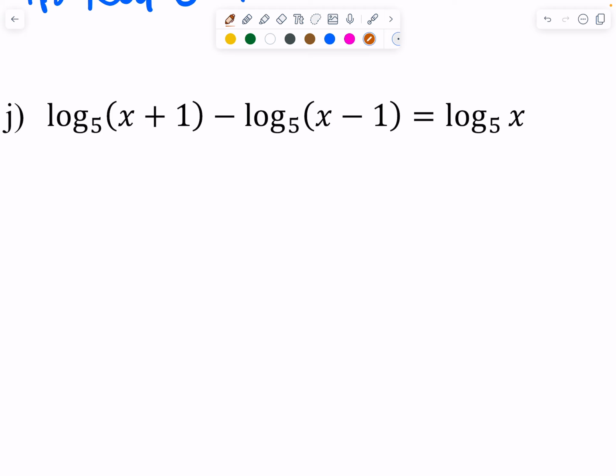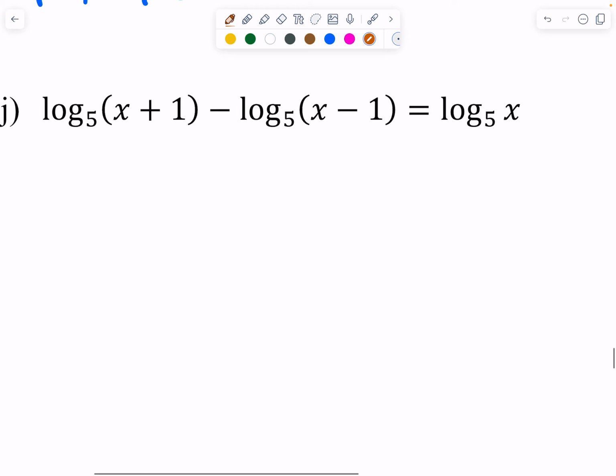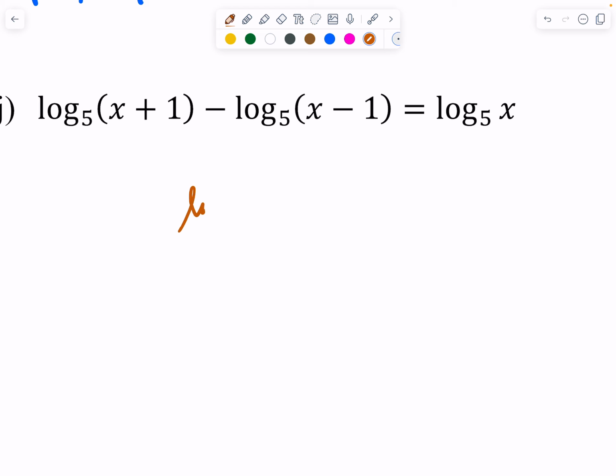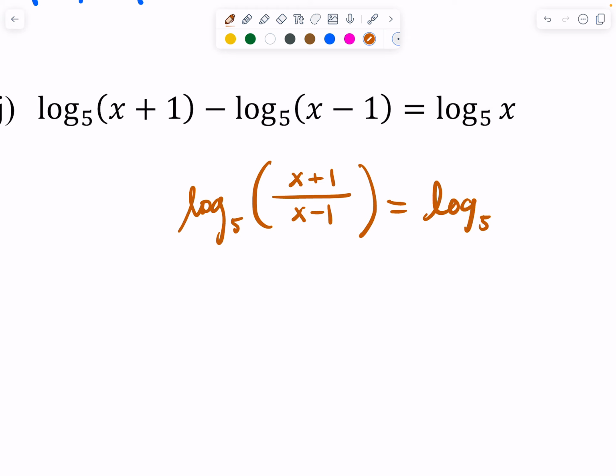We could also think about adding log base 5 of x minus 1 to each side of the equation, and then you could use the product property for logarithms. I'm going to leave as is, but either method would work. So the left-hand side here would be written as log base 5 of x plus 1 over x minus 1 equals the log base 5 of x.